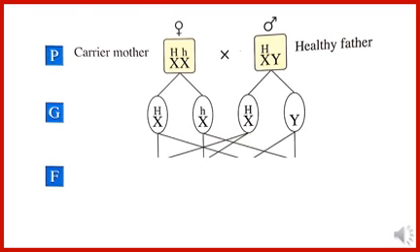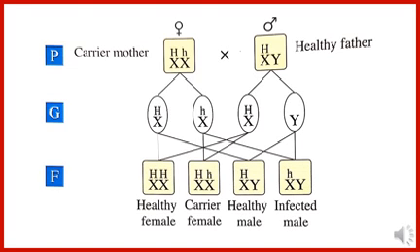If crossing occurs between the female gamete that carries H capital and the male gamete that carries H capital, we will have a healthy female with both dominant genes on her X chromosomes. And if the X chromosome that carries the H small is crossed with the X chromosome of the male that carries H capital, also we will have a healthy female but carrier.